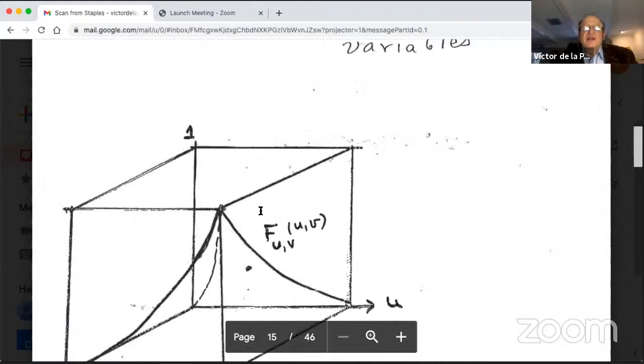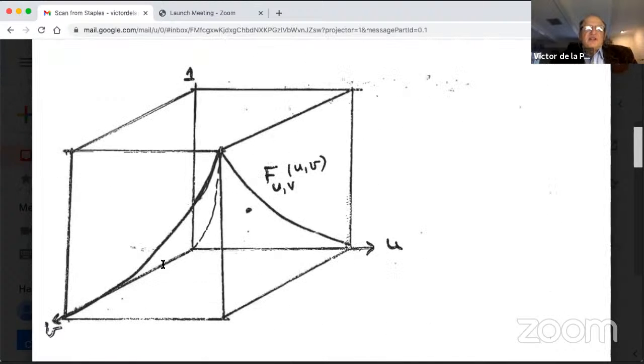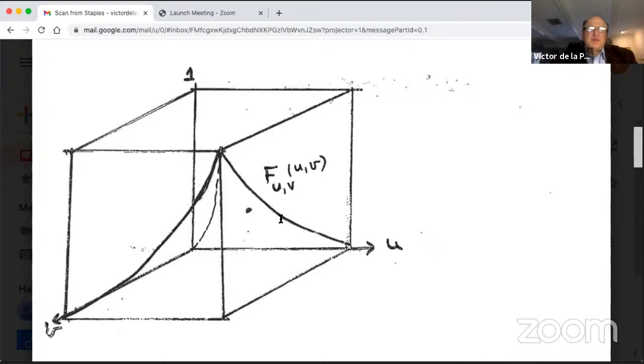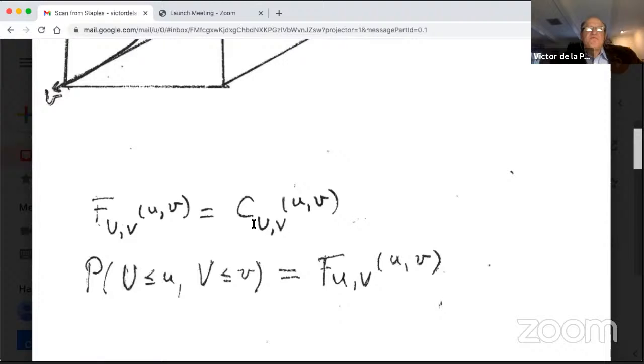As I said, a copula is a joint distribution of uniform variables. If this axis is u and this is v, and I have this pyramid, this is a joint distribution of U and V determined by this particular surface. Now, what is associated with every joint distribution?